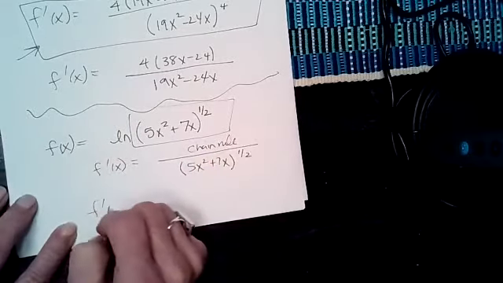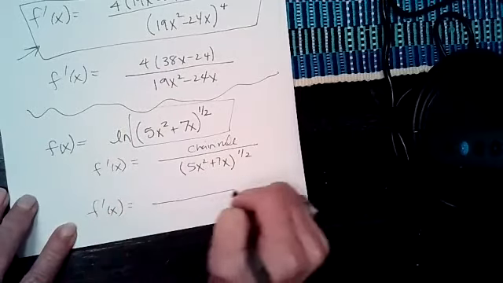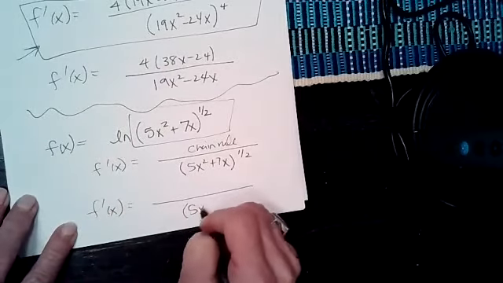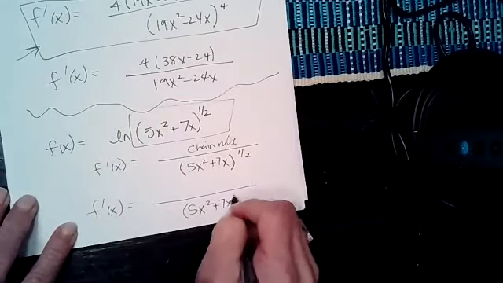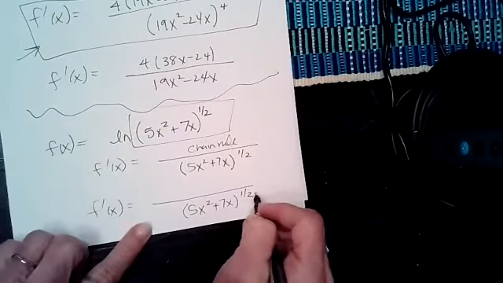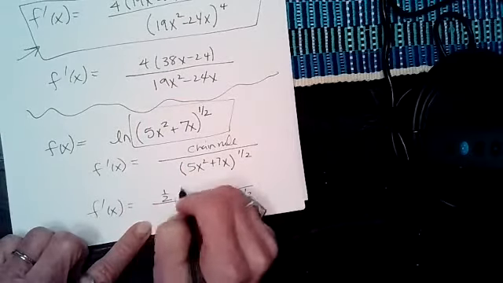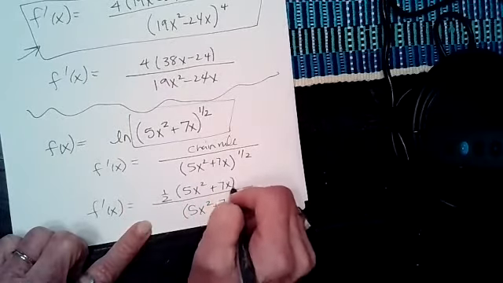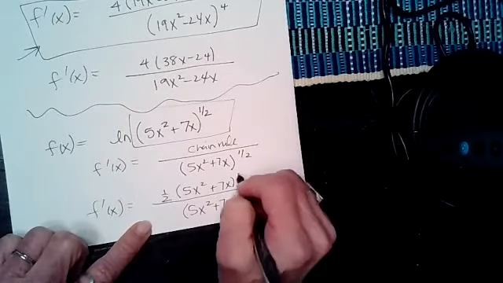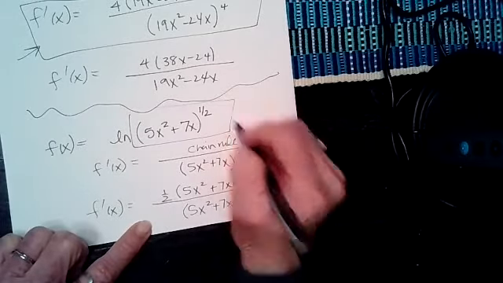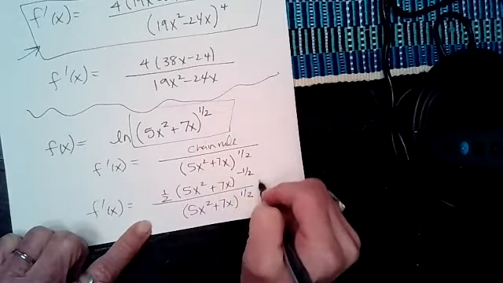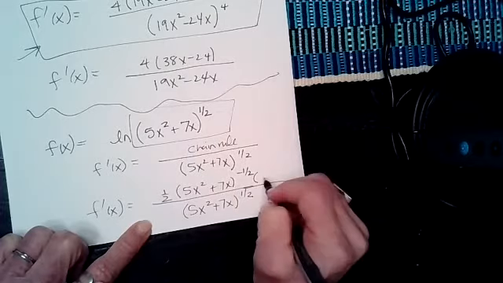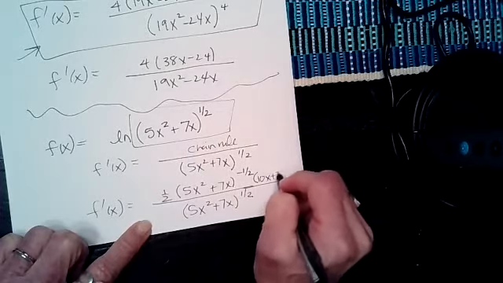So f prime of x, I go ahead and make my fraction bar, and I usually just put my function, the argument of the ln, on the bottom, and it's the derivative. So it's 1/2 times 5x squared plus 7x to the 1/2 minus 1, times the derivative of the inside, 10x plus 7.